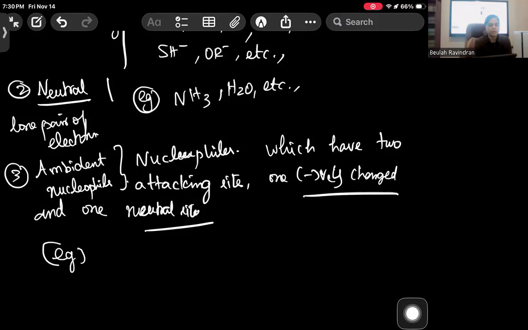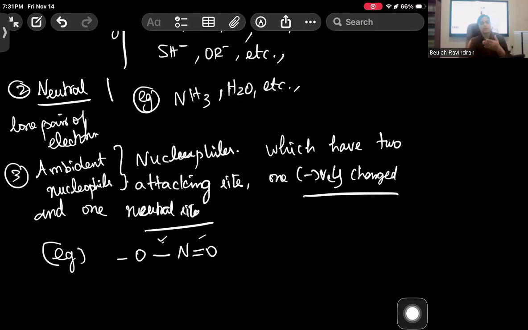What is an example? NO2 minus. One is a negatively charged site, another one is a neutral site, so two sites of attack. O and N have two lone pairs and one lone pair respectively.